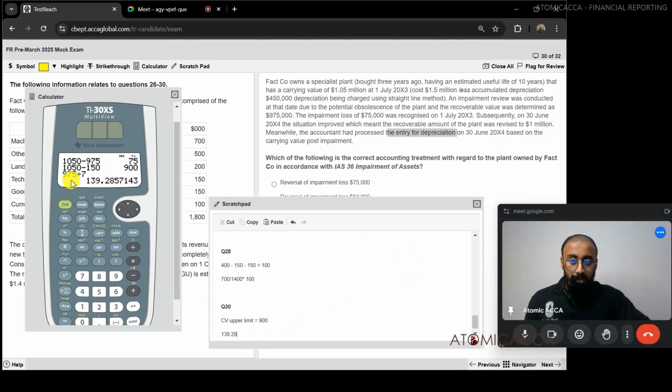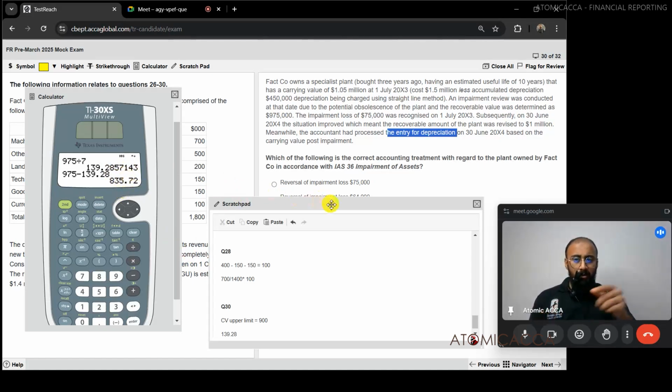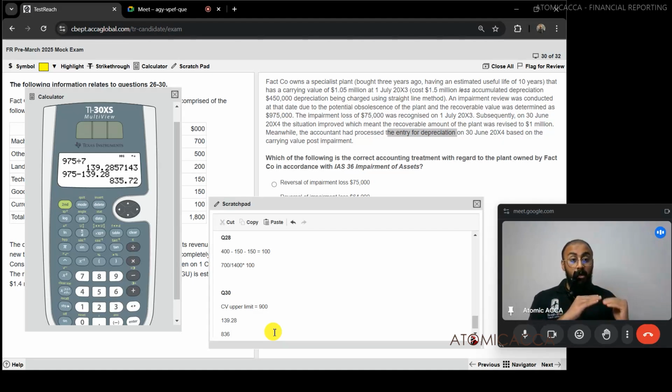So if I minus this out from 975,000, 975 minus 139.28, this will give me the value as 835,000, or if you round it off, it will be 836,000. From 836,000 carrying value, now I have to reverse it.